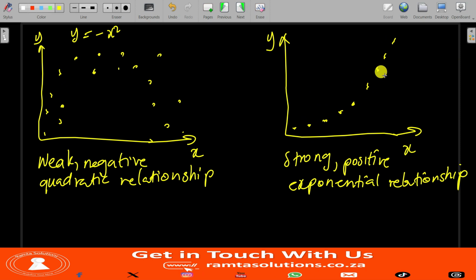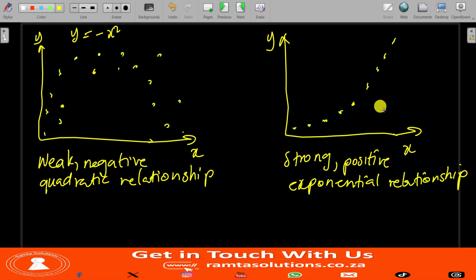Now this one here, it doesn't have any deviations. So since it doesn't have any deviations, the relationship will be strong, right? Remember, with the direction, you're looking at whether when x increases, y increases, or rather, when the horizontal axis increases, the vertical axis also increases. This is when you say it's positive. When it's negative, whatever variable is on the horizontal axis, when it increases, the variable on the vertical axis decreases.